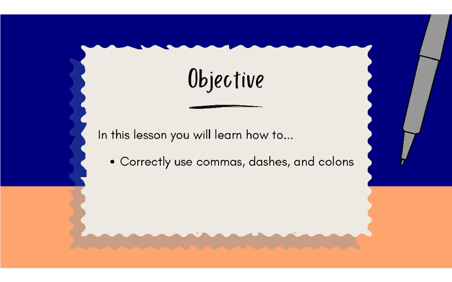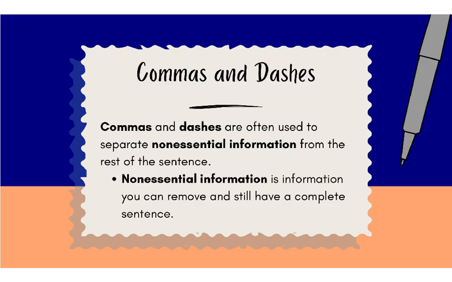So our objective today is to learn how to use a couple of principles for commas, dashes, and colons. So commas and dashes. The first principle we're going to look at is one way to use commas and dashes is to separate non-essential information from the rest of a sentence.